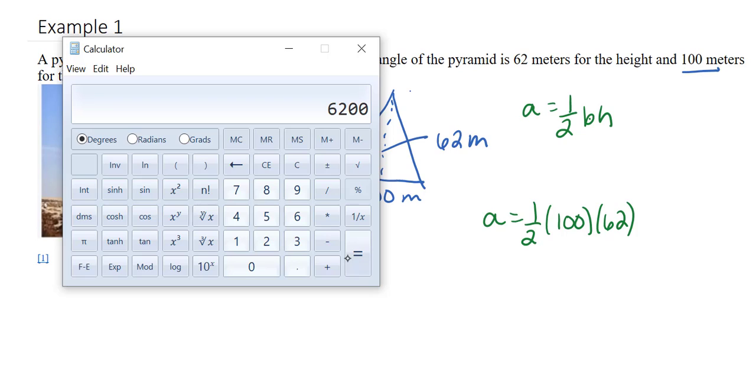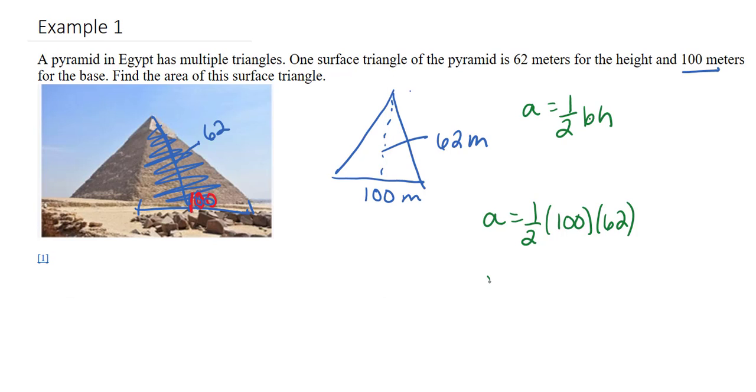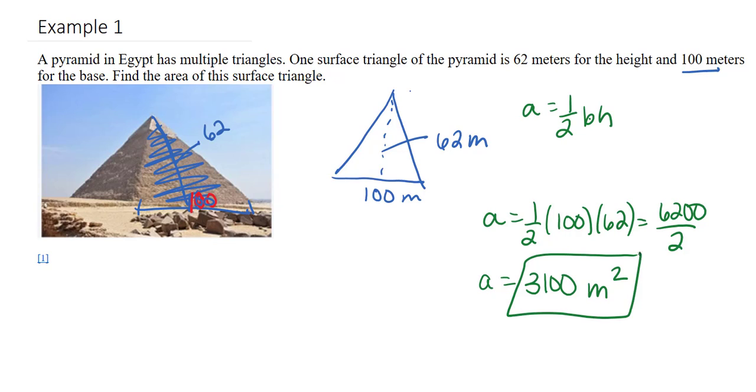Then whatever's on the bottom, we just divide this by 2, which is 3,100. So the area is 3,100, because we multiplied and then divided. This is meters squared.